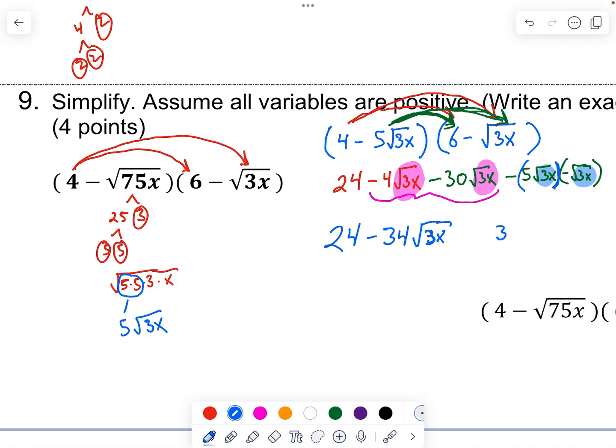I got a pair of 3x's under a square root, it comes out as just 3x. And then I've got the negative 5 here, and that negative is going to give me a positive 5. So let's write that out. I got positive 5 times 3x.